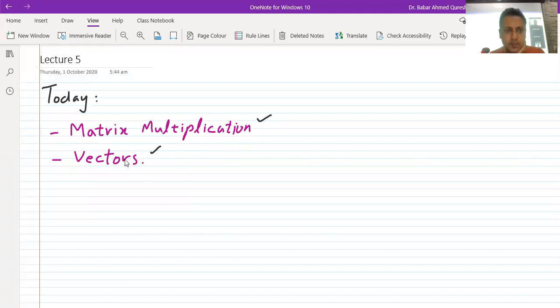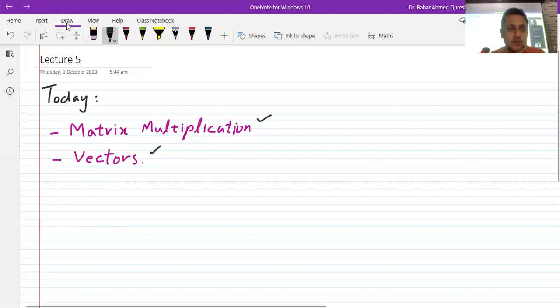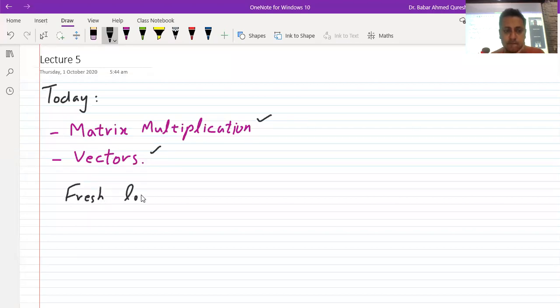And again, we're going to define these things in the context of linear systems. So let's again start with an example, and let's have a fresh look, another look at linear systems.